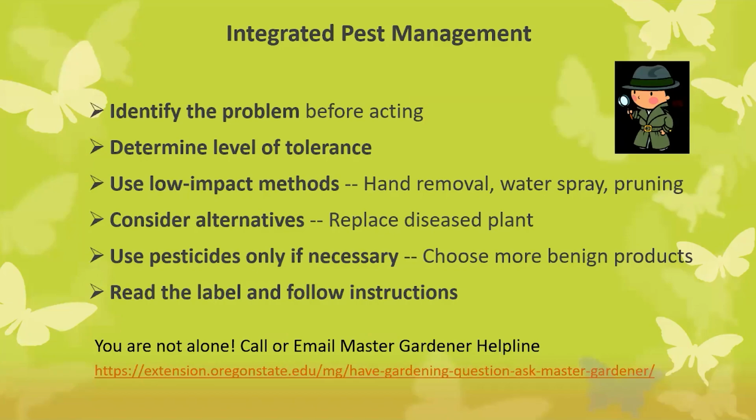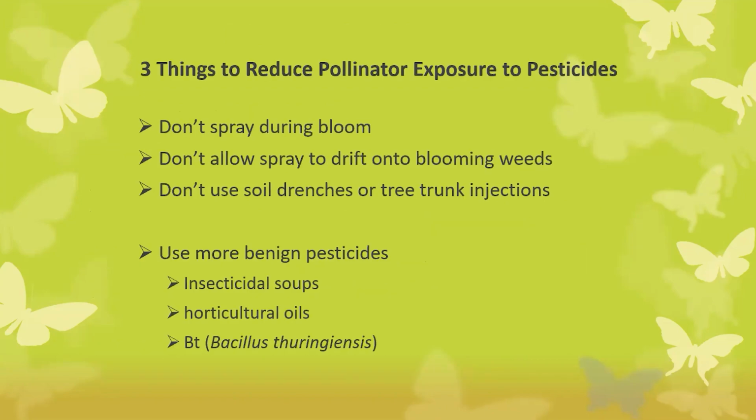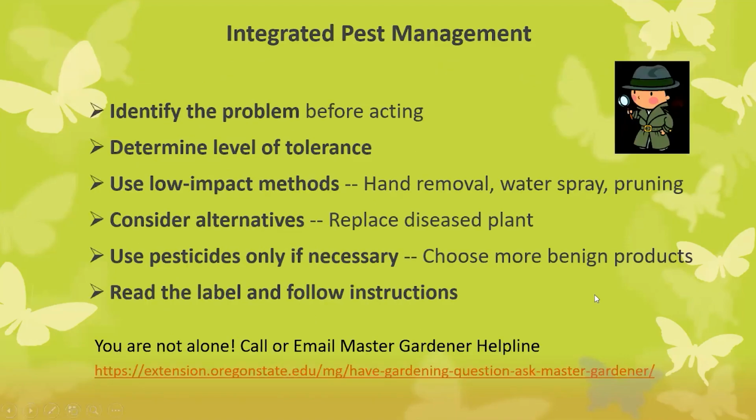Once you know what is the source of the problem, think about what is the level of damage that you're willing to tolerate. And then consider using low impact methods like removing the pest by hand or washing it away with a jet of water or pruning.